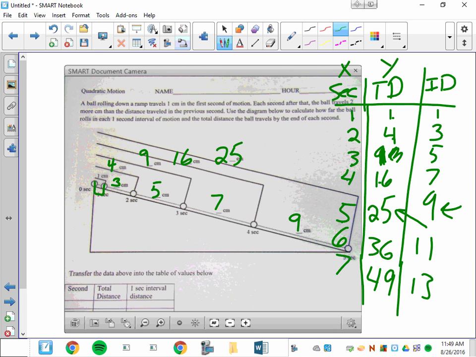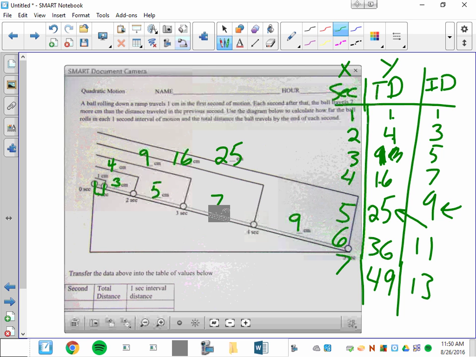Now, this actually would work if the ramp was the right steepness. You could actually build this, and the size of the ball also has something to do with it. But this is a real pattern in real life that will happen. Now, once the ball speeds up and air resistance comes into play, that messes things up a little bit, but we just pretend that doesn't happen.